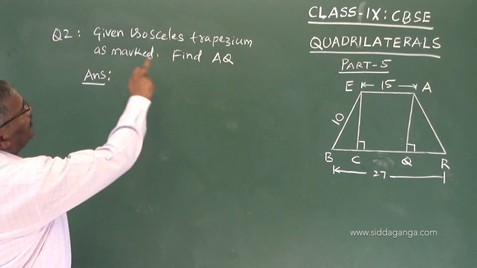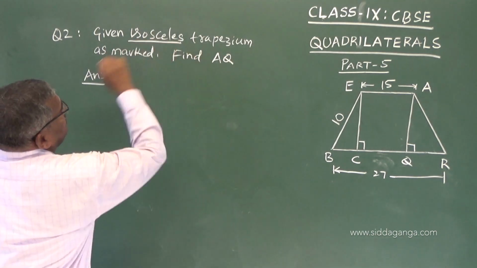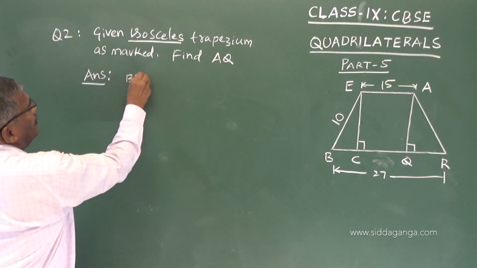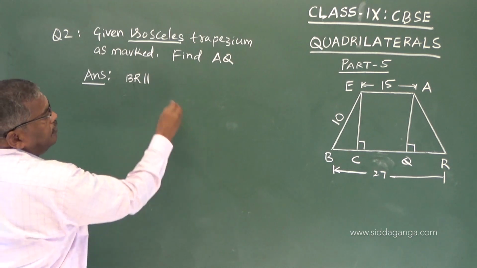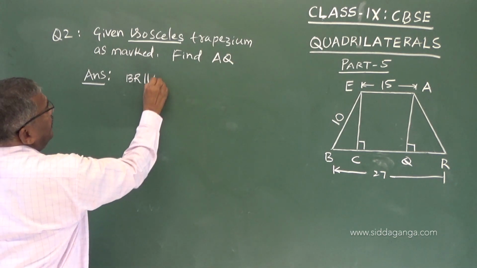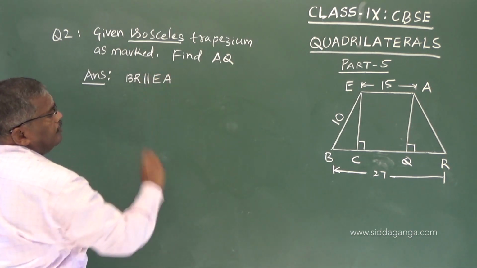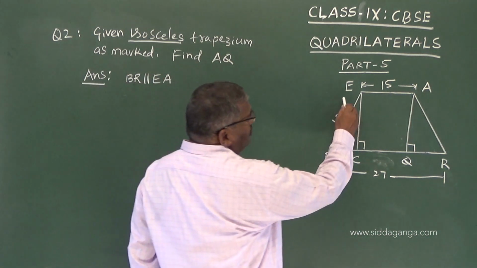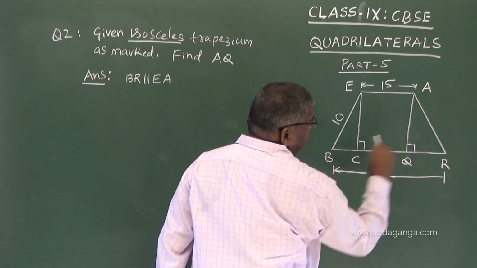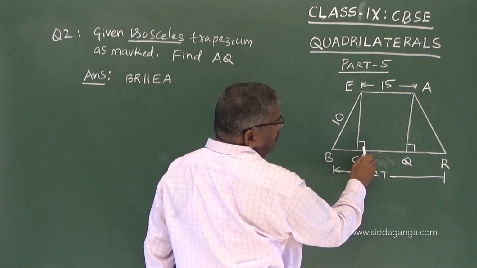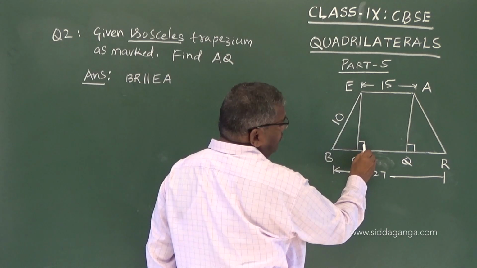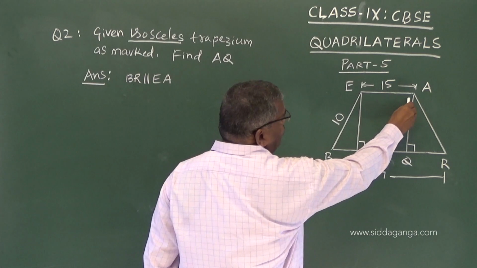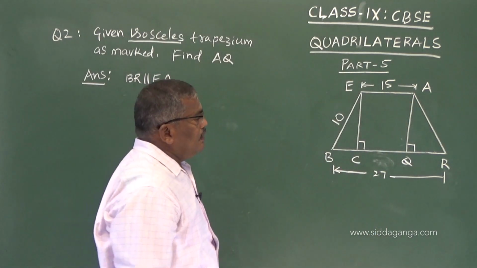Because it is an isosceles trapezium, BR is parallel to EA. When these two are parallel and this is 90 degrees, this will also be 90 degrees and this will also be 90 degrees.